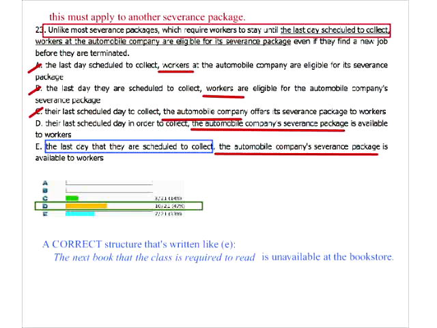Notice the way that this works when you have this kind of construction. The next book that the class is required to read, this construction implies that the class has to read the book. So this works here because that's really what we mean. The class is required to read the book.